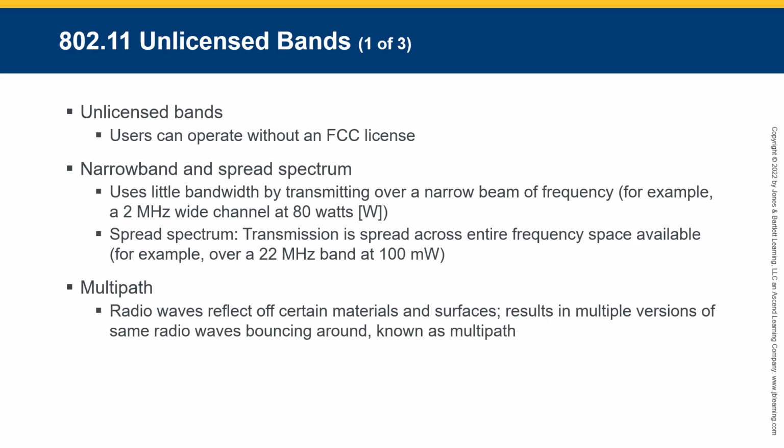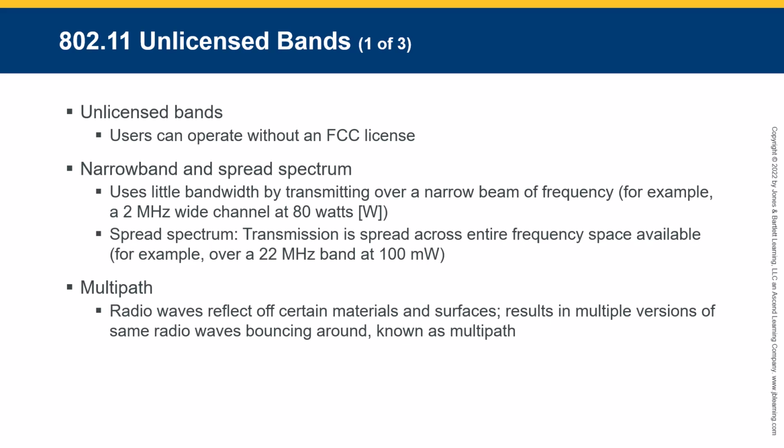You also have the ability to do multipaths, and that's where a radio wave will reflect off certain materials, sometimes, again, metals, people, water. This will result in multiple versions of the same radio wave bouncing around, and that's known as multipath.